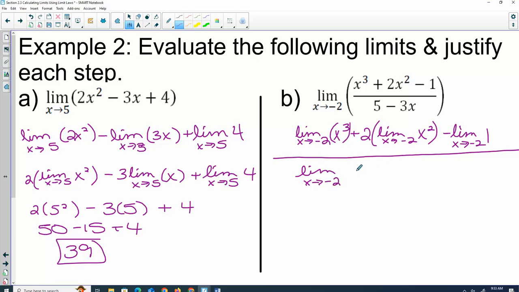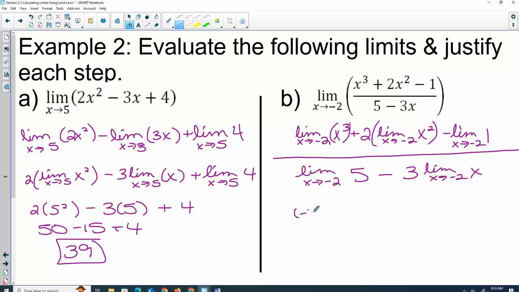In the bottom we have the limit as x approaches -2 of 5 minus 3 times the limit as x approaches -2 of x. Looks a little complicated, but we're ready to plug in. Because if we have x to a power, we can plug it in.